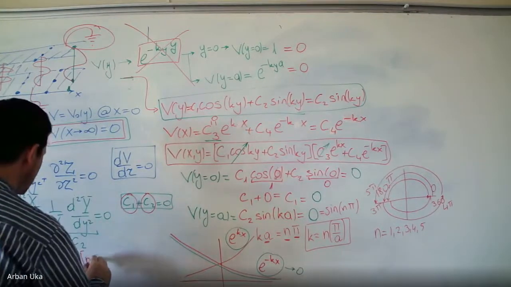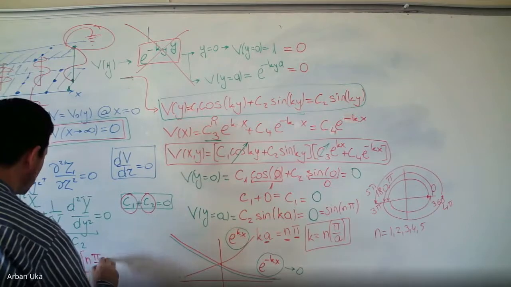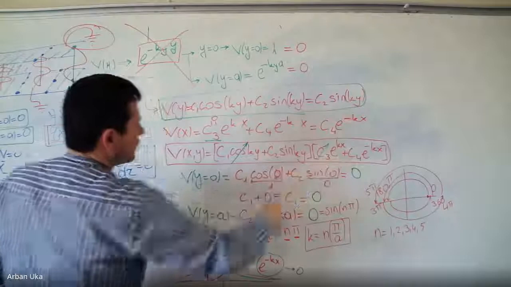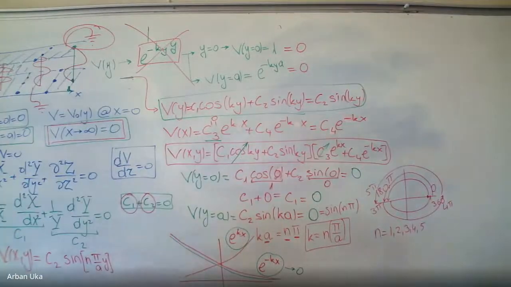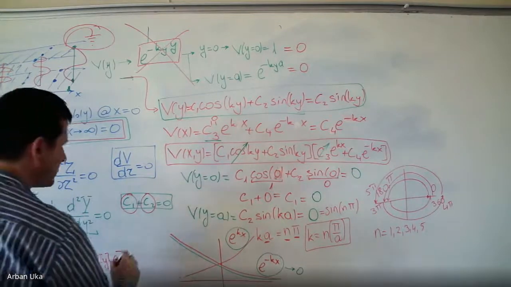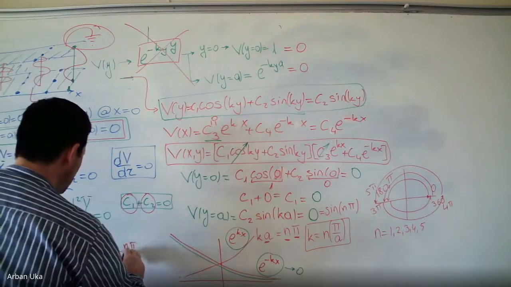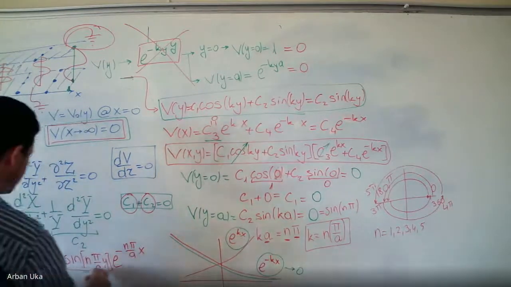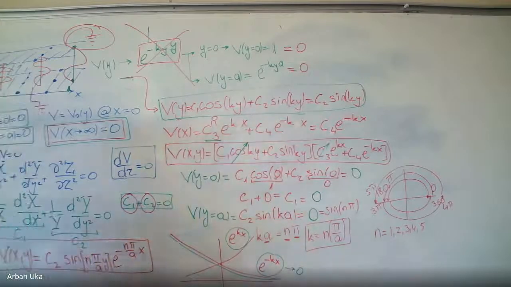K is n pi over a, times y, multiplied by C4. C4 is a constant. It's not a variable, it's just a constant. Then we have here exponential minus k x, which is n pi over a x. So this is the solution of our problem.